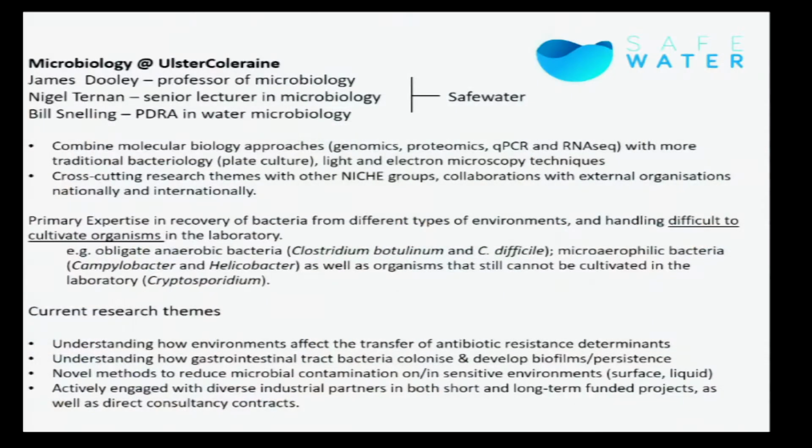We have a number of cross-cutting research themes with other niche groups, and I'm going to show you what niche is on the next slide. And we obviously have collaborations with external organizations, both nationally and internationally as well.